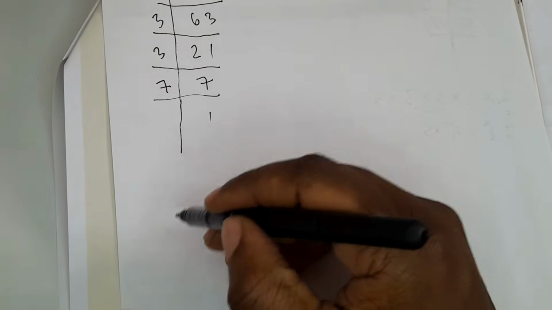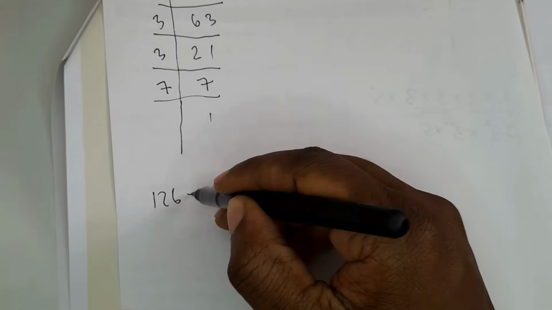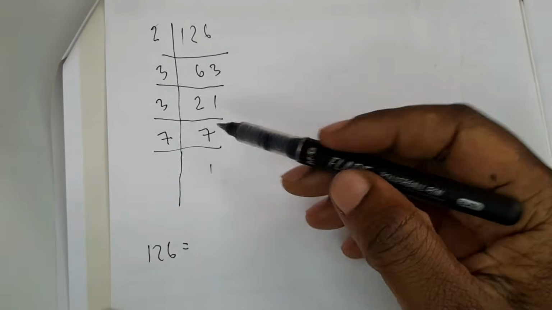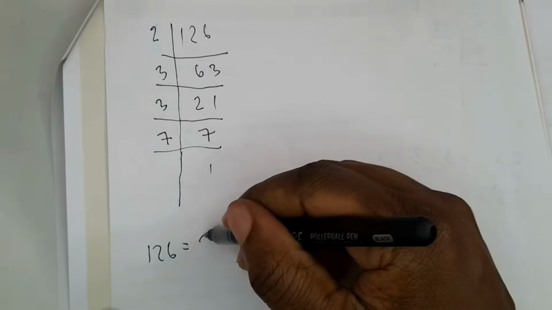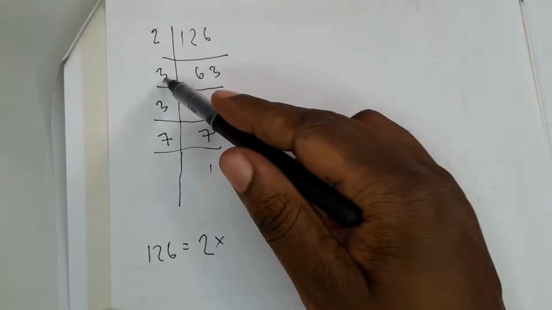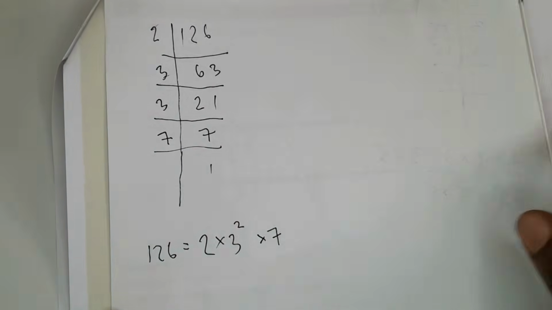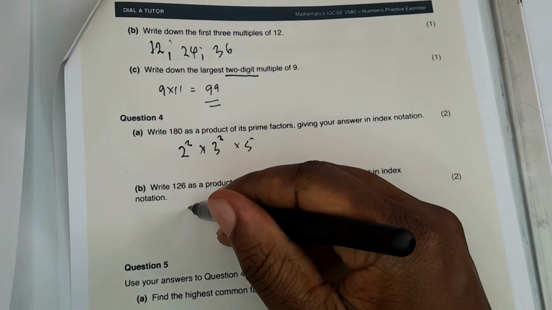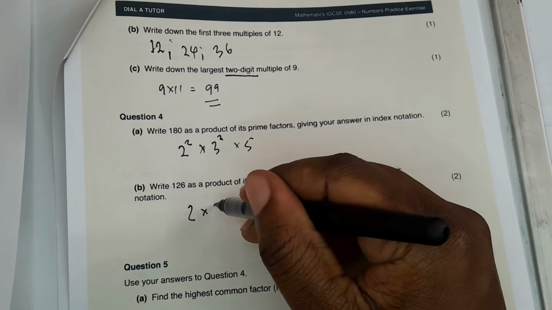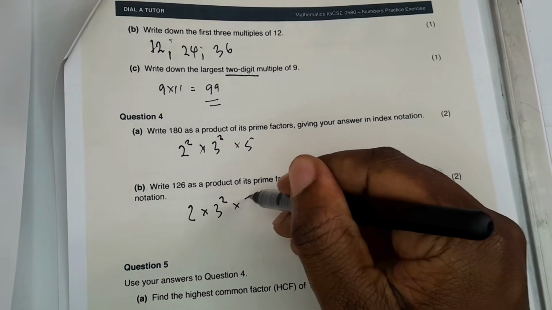You look at what you have here. You have 2 times, take note that this is 3 times 3, which can be written as 3 to the power 2 and times 7. And guess what? We then put our answer aside, and then we can say 2 times 3 to the power 2 times 7.